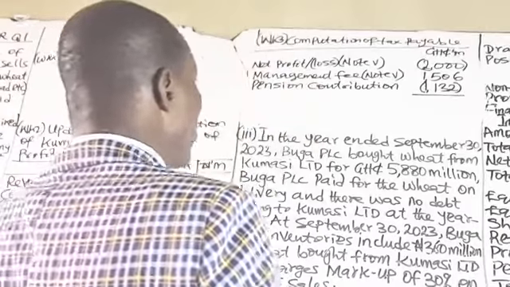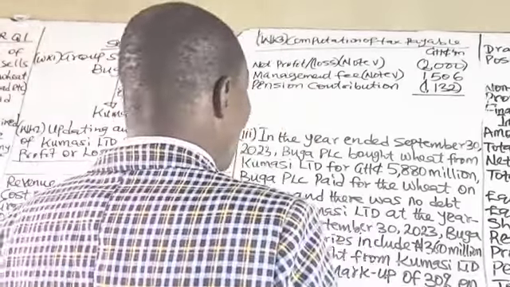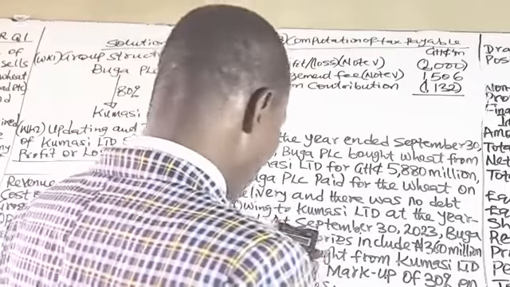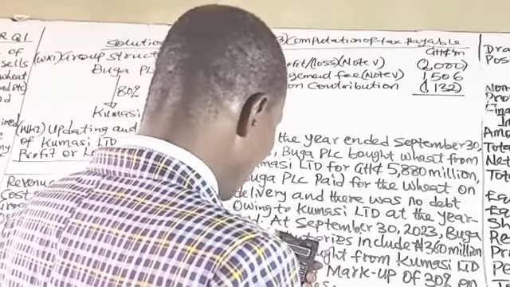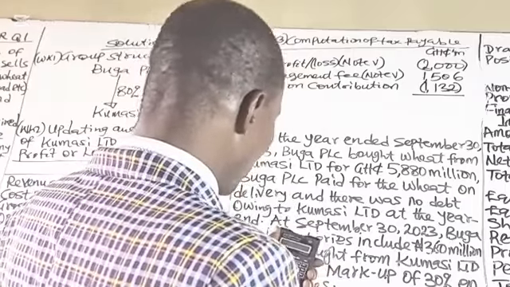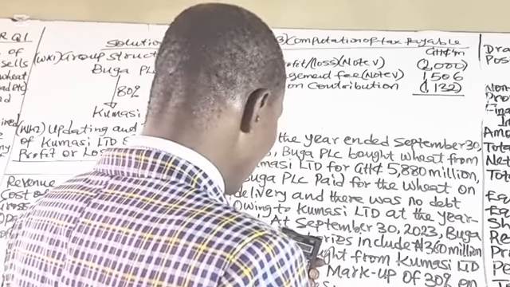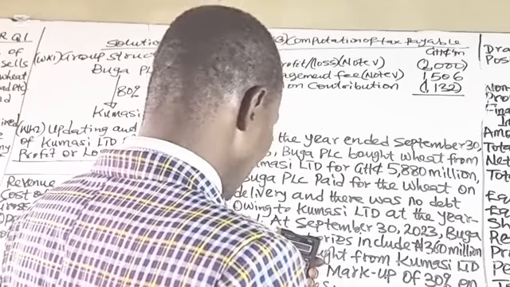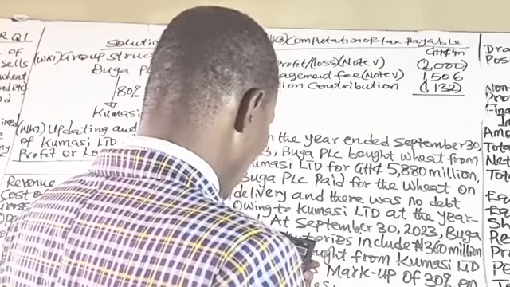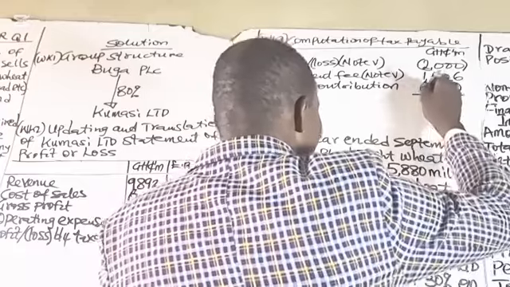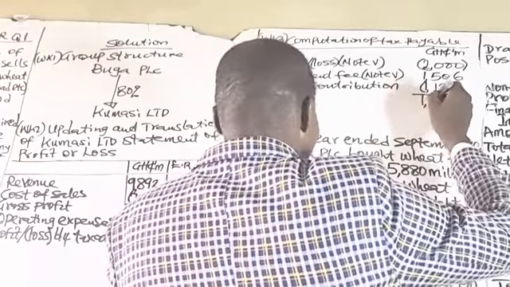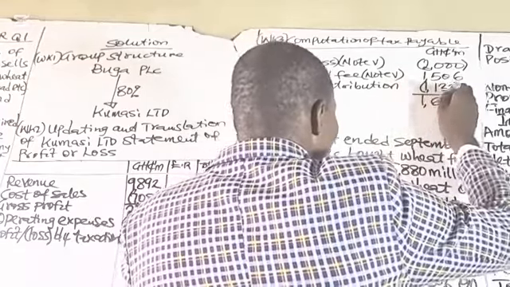So since there are no other items now, how much will be the total profit or taxable profit? A loss of 2 billion plus 1506 minus 1132. We have a net loss of 1626.